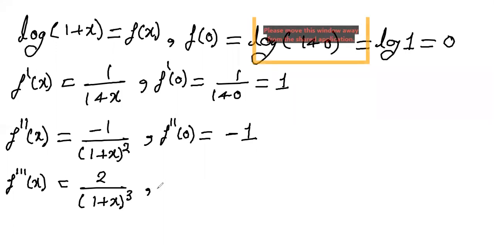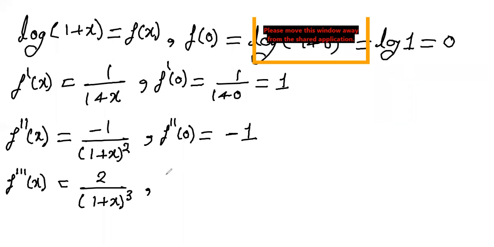So is it clear? How did we do the differentiation? x minus x square upon 2 plus x cube by 3. Factorial won't come in the first case. In the second case 2 into 3 factorial, so 2 will cancel and 3 will come, because 3 factorial we can write as 1 into 2 into 3 as well.